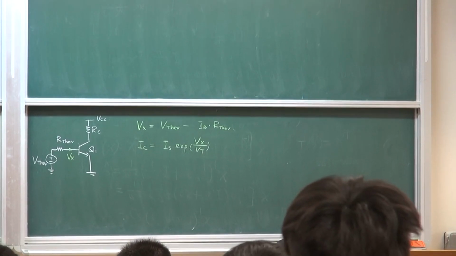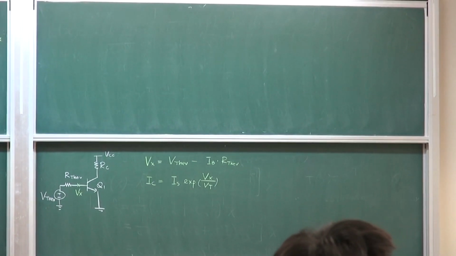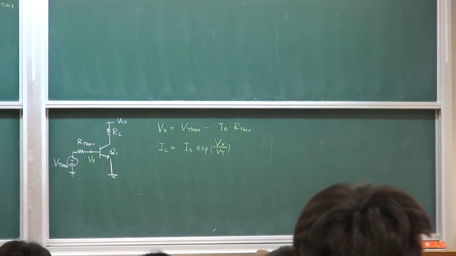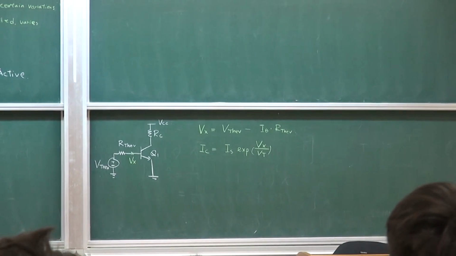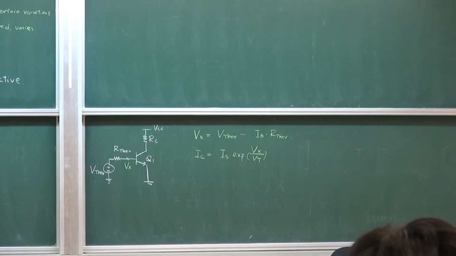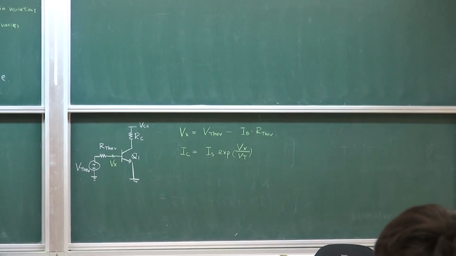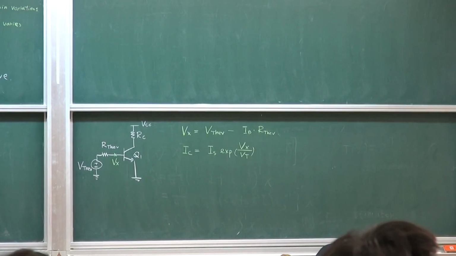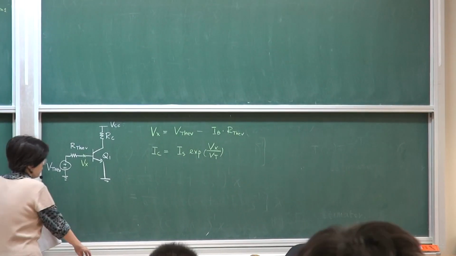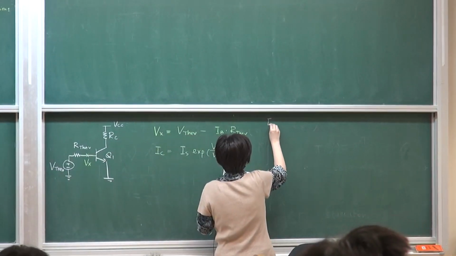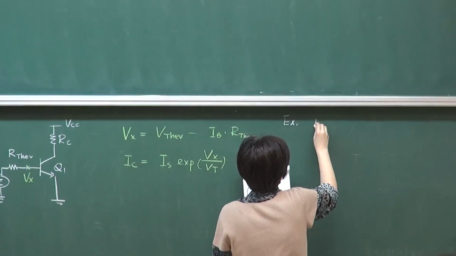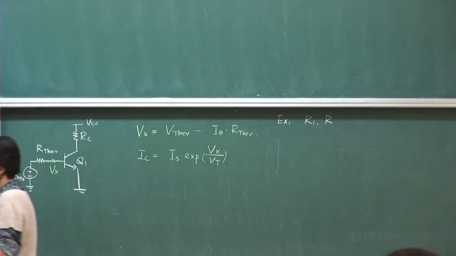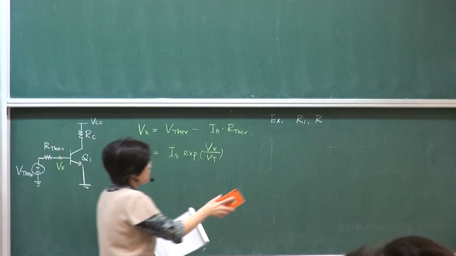We can actually go through an example, just to give you a sense of how much you want to pay the price of being precise. How much do you want to pay to get precision? Or if you simply use this model, how much precision did you lose? I'm going to go through a simple example so that you get a sense of which model you can pick. So let's say, for VCC, let me get the parameters.